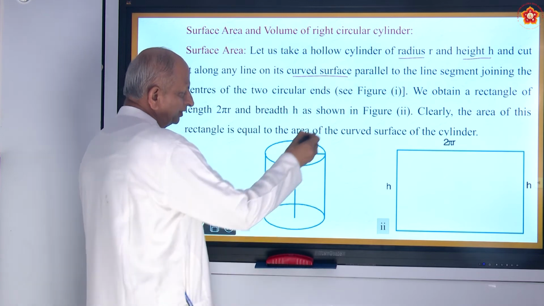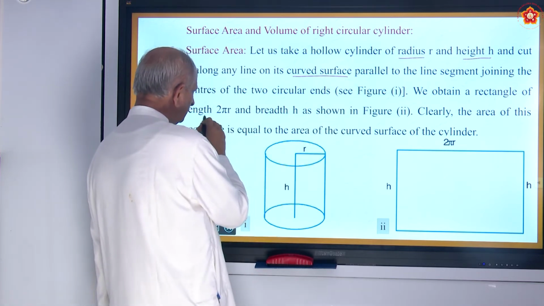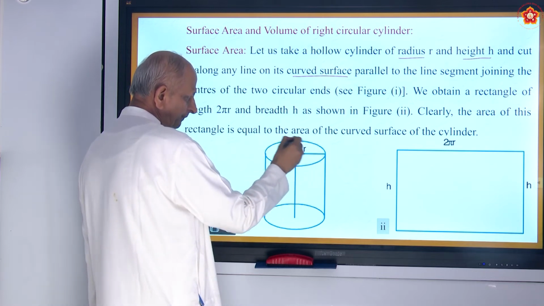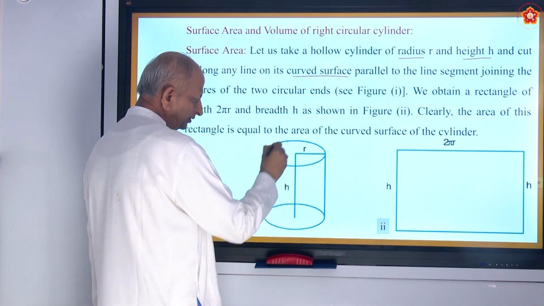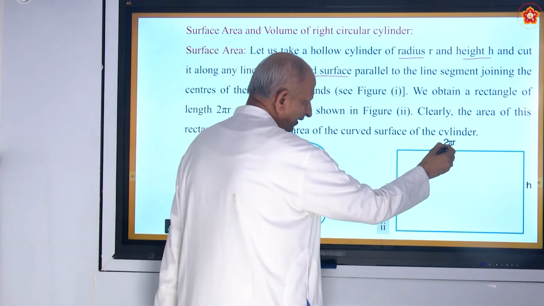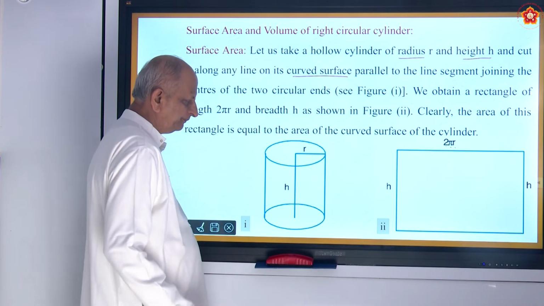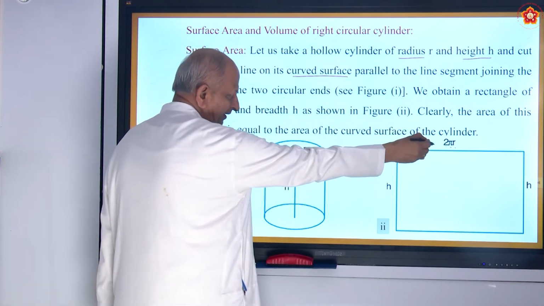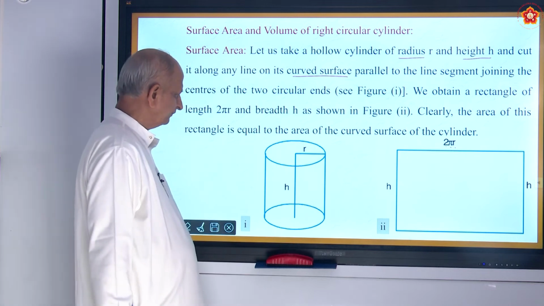So we obtain a rectangle of length 2 pi r. The circumference of this base or top will be 2 pi r. How did you get 2 pi r? That is the circumference of this circle. That becomes the length of the rectangle.